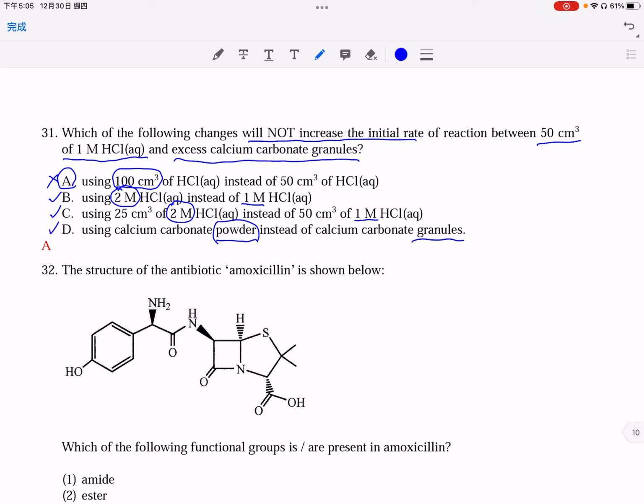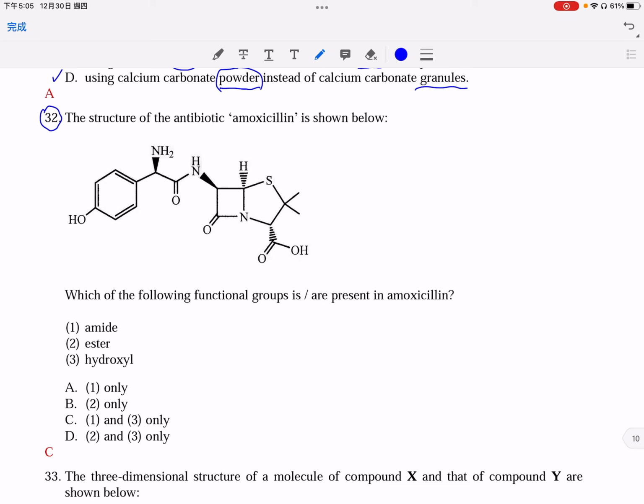Question number 32. The functional groups present. First of all, amide. You notice that this is already an amide group. Actually, this is another amide group. So amide is present.